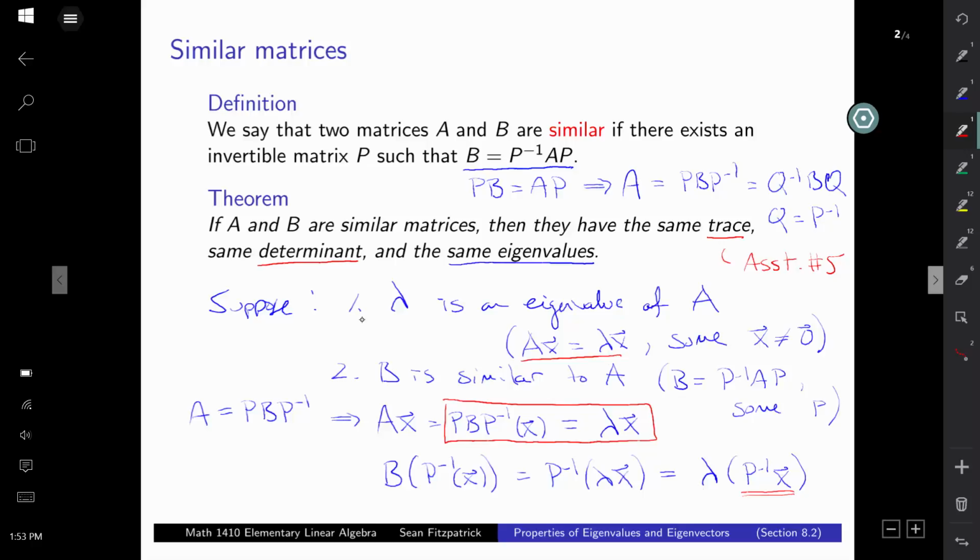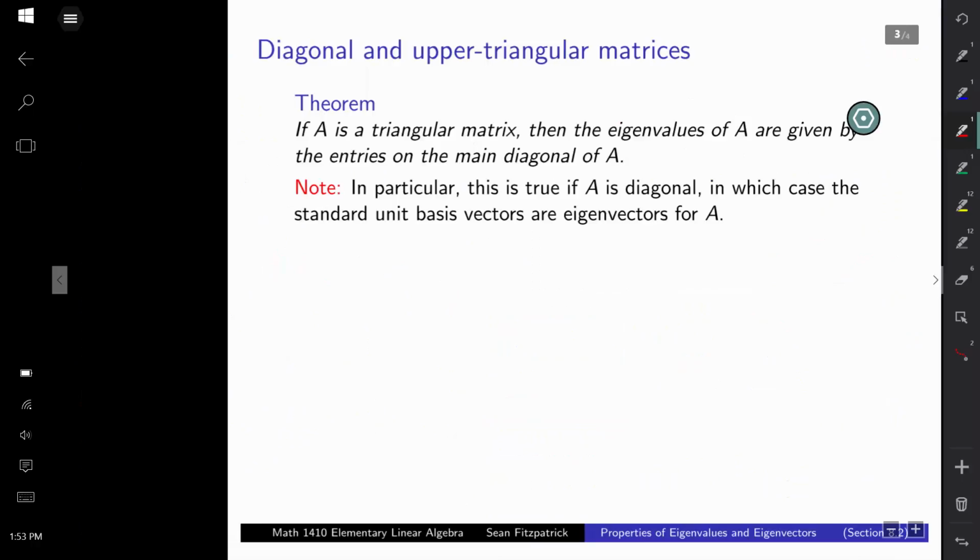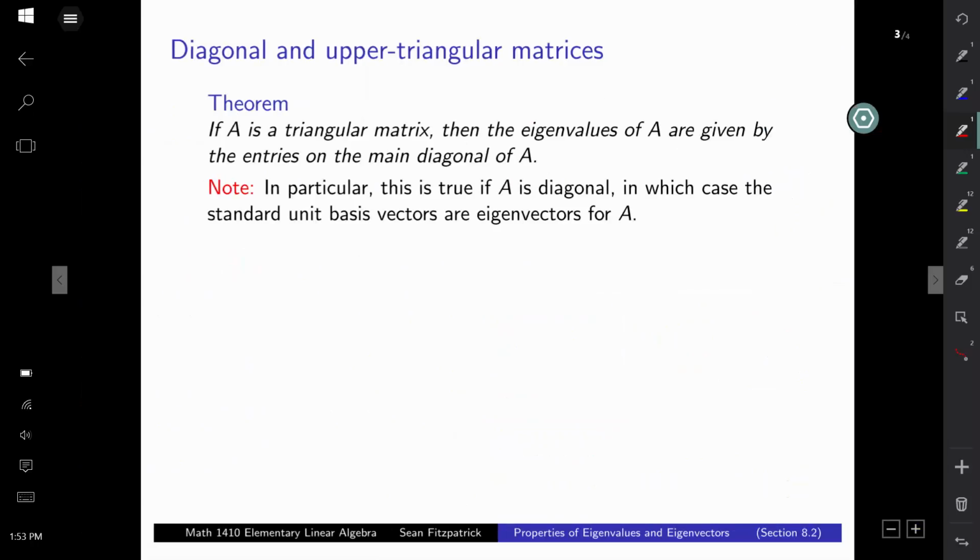So, why is that useful or interesting? Well, there are a number of situations in which it's easy to determine the eigenvalues, right? One such situation is that of a triangular matrix. So for either an upper triangular or lower triangular matrix, and in particular for a diagonal matrix, you can immediately determine the eigenvalues by just looking at the numbers on the diagonal.